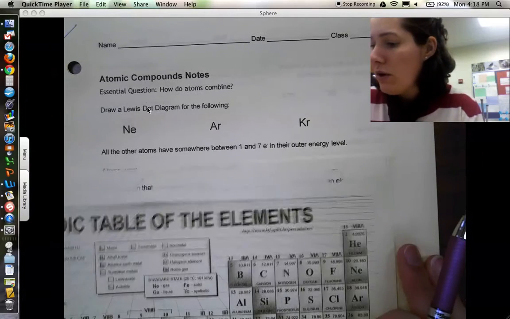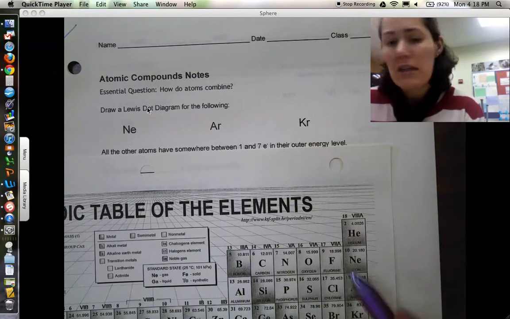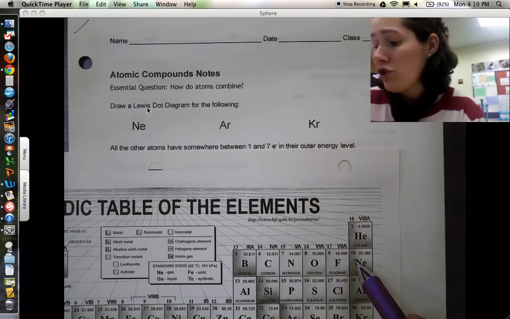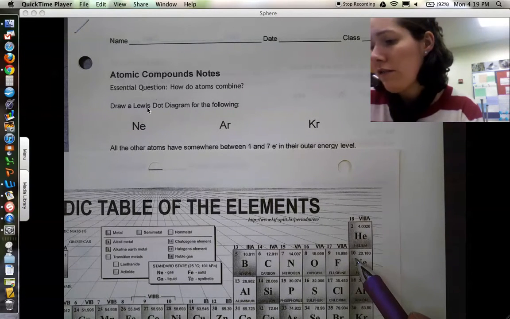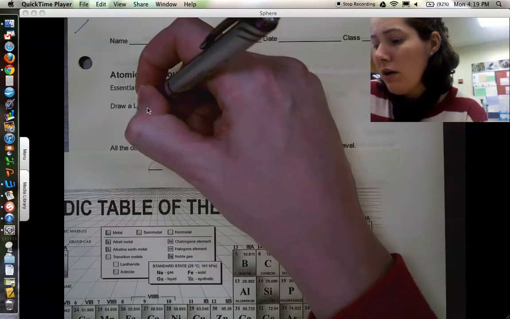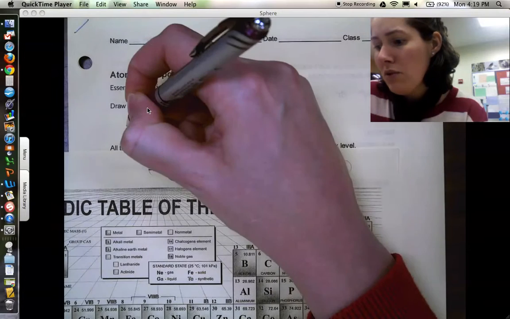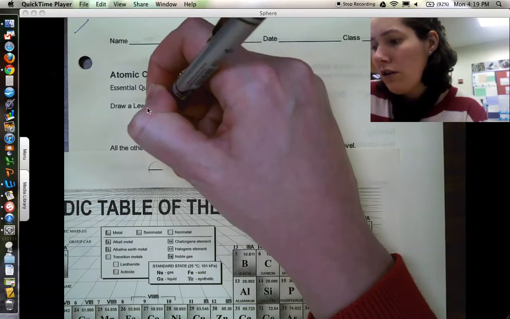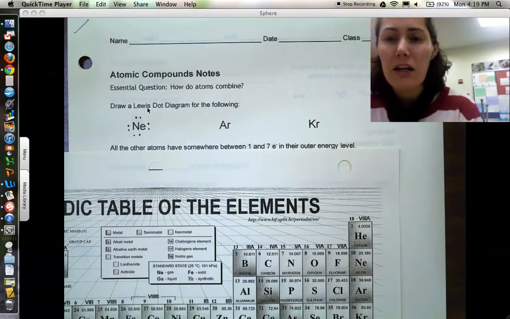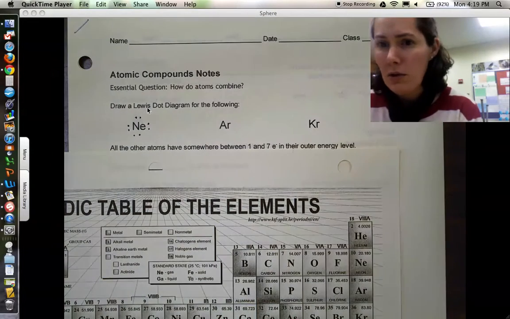And so when we think about Lewis dot, remember it's the outer electrons that we're interested in. And so we know that there are 2 electrons on the first energy level. That leaves 8 for the outer energy level. And so I'm just going to draw those around like so. If you don't remember how to draw Lewis dot diagrams, there will be a link on the wiki that you can use to help you learn that.